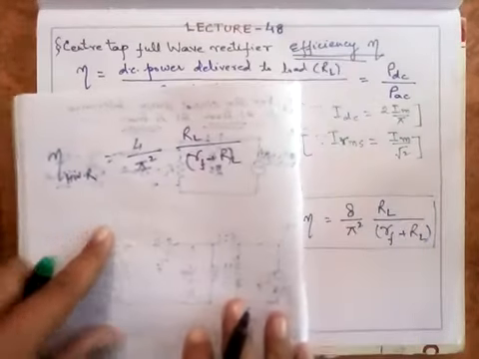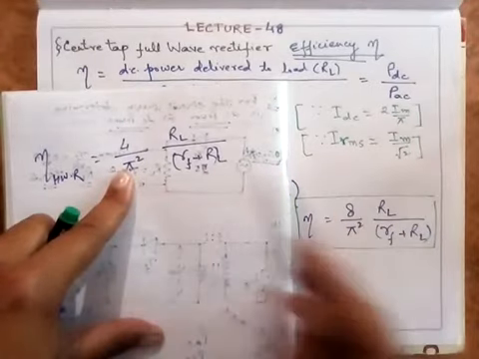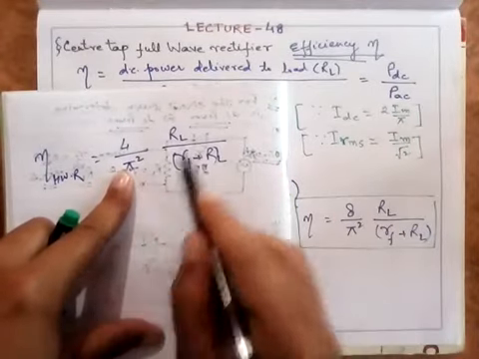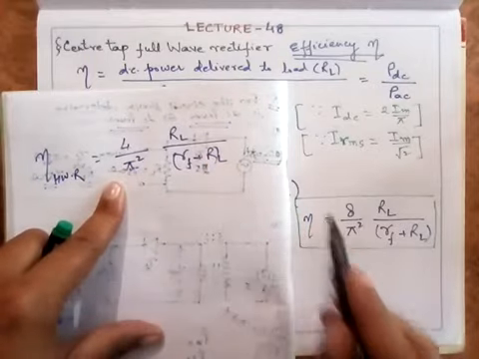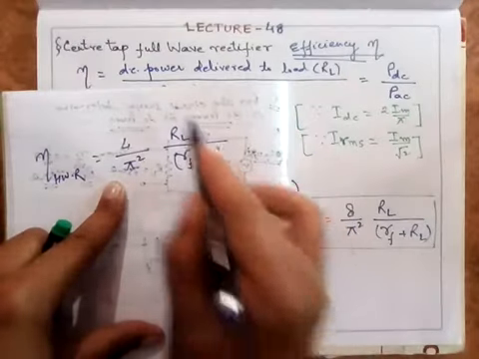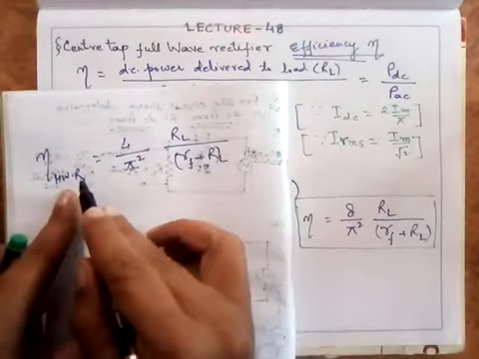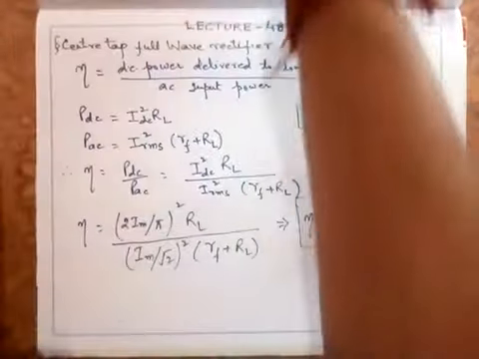If you compare these two, you just observe that it is 4 here, the rest of the quantities are the same, and it is 8 here. So the efficiency of a center tap full wave rectifier is double the efficiency of a half wave rectifier. So this is one of the advantages. It is required to have the maximum efficiency.